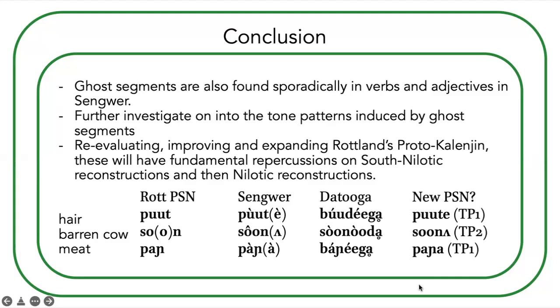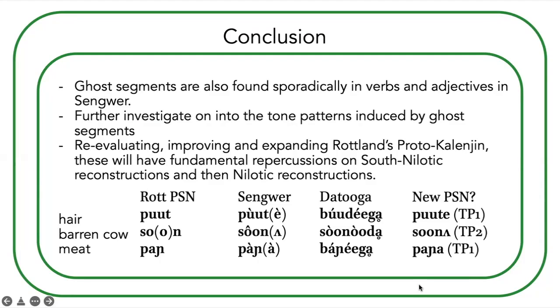But in this case, the diagnostic ones would be the non-specific, and I was checking whether I have the non-specific forms. Yes, I have it for meat, which would be Bani. So there's a ghost E in the end, for example.